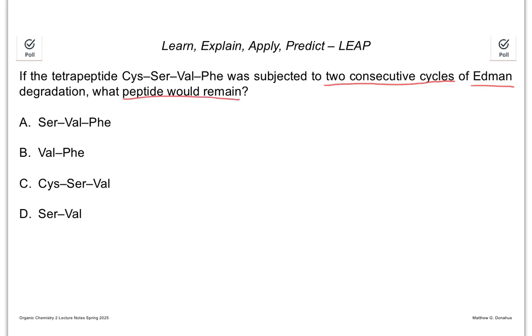So again, this is the N terminus, that's the C terminus. The Edman degradation works by moving from the N-terminal residue towards the C-terminal residue. If you apply that Edman reagent twice, what peptide remains?